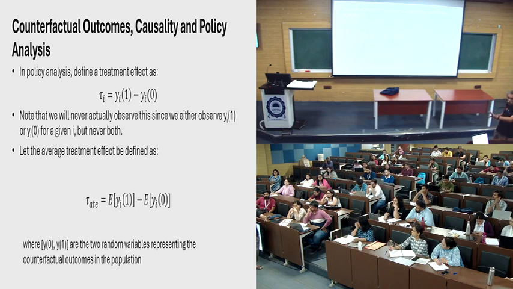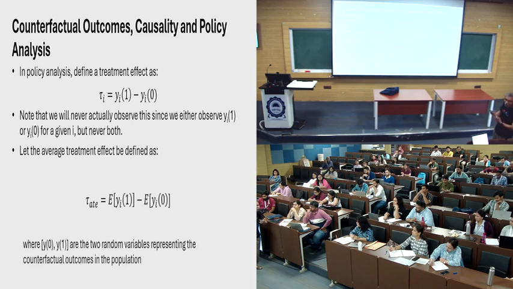So Y1 occurs, Y0 doesn't occur. Some people got exposed, some people didn't get exposed. That's the way I want to think about it. The counterfactual is the opposite side of what has happened, and the entire thing depends on the creation of the counterfactuals.